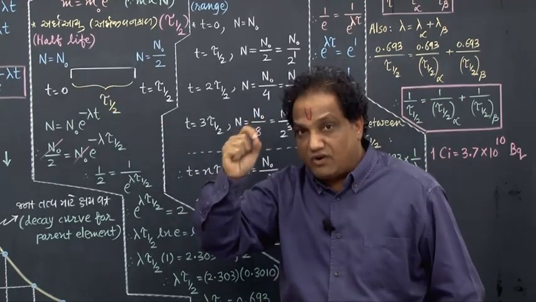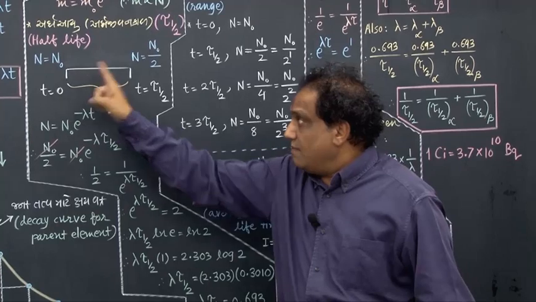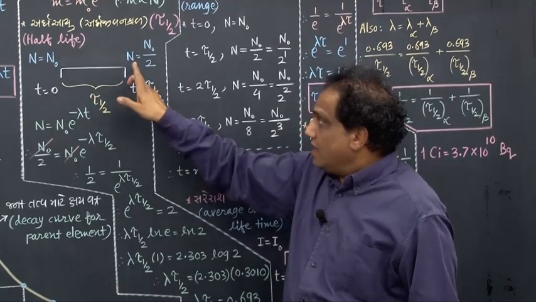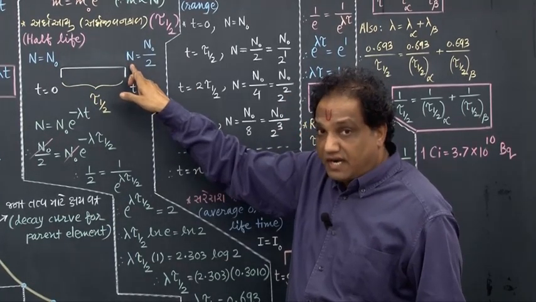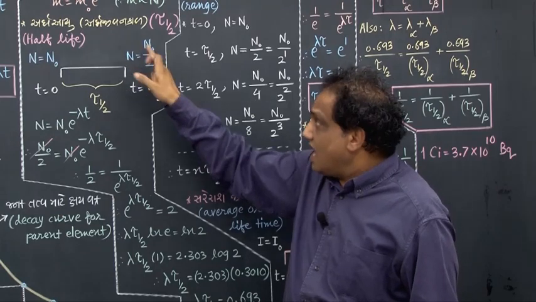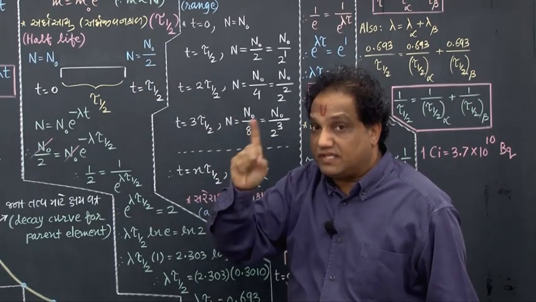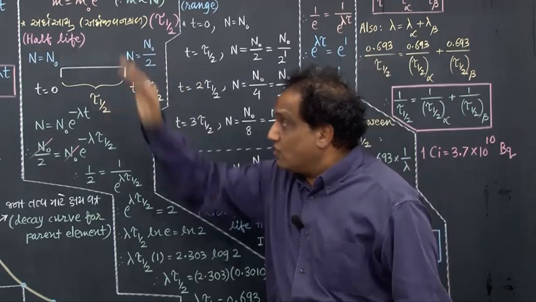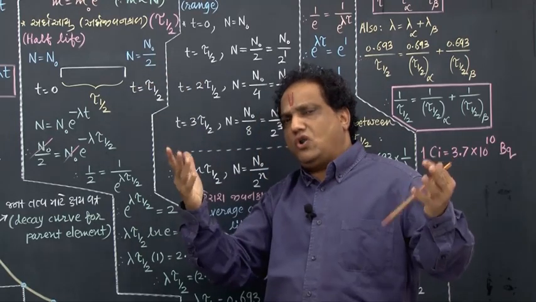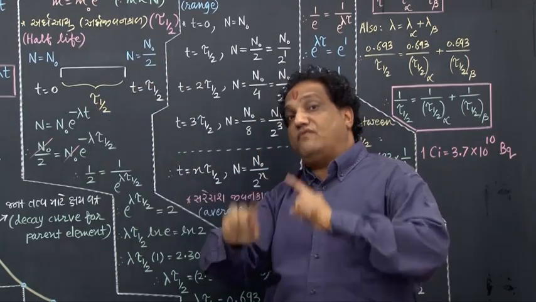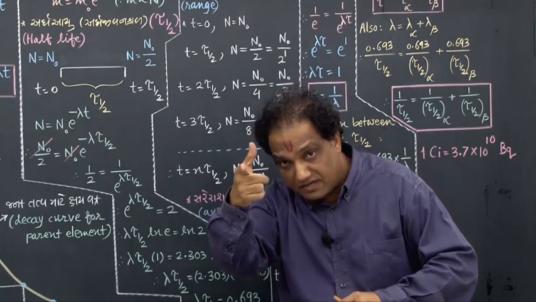In a given radioactive element, the time interval at the end of which the number of undisintegrated atoms becomes half of the number of undisintegrated atoms before that time interval is called the half-life of that radioactive element.